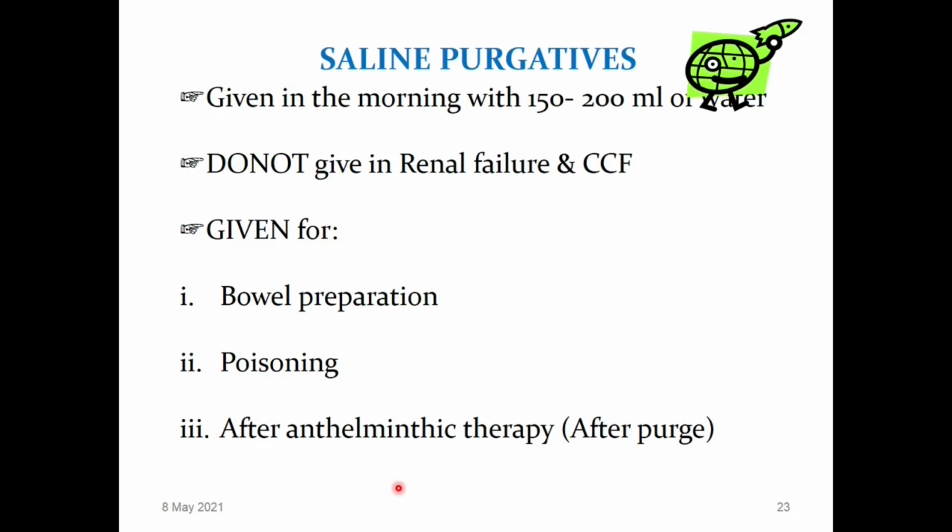So it's very important to expel them from the GIT. As a result of that, we give some purgative agents, so the evacuation of all those dead worms and ova occurs. So we can prevent some allergic reaction from happening, which is known as after purge.